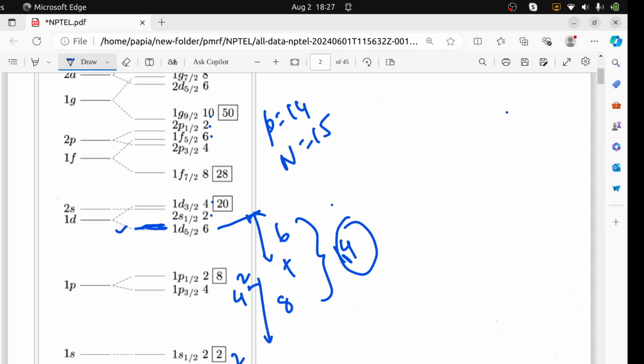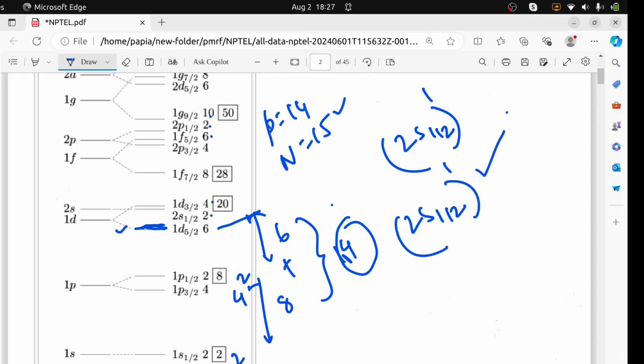Now coming to 15. 15 means up to this one it was 14 for proton. The same thing will come for the neutron also, but there is one state, 2s 1/2, and there will be 1 because 15 is there, right? So 2s 1/2 ^1, this is the main one responsible for giving the parity as well as spin for the silicon-29 nucleus.